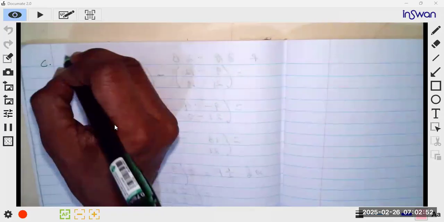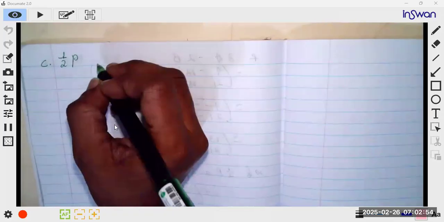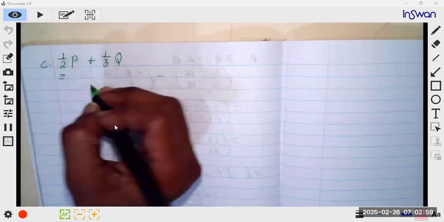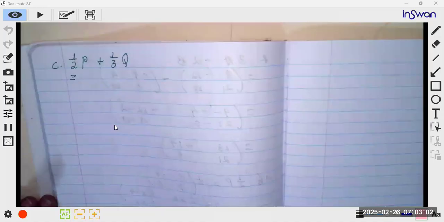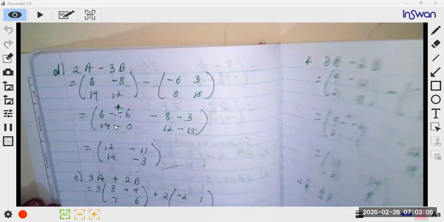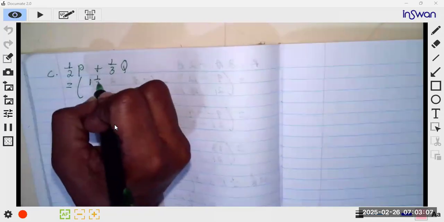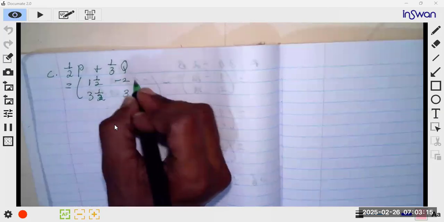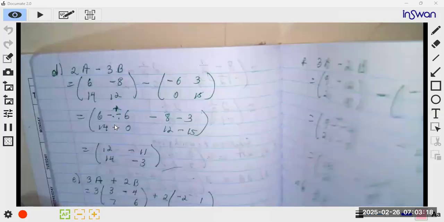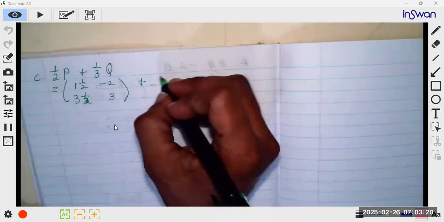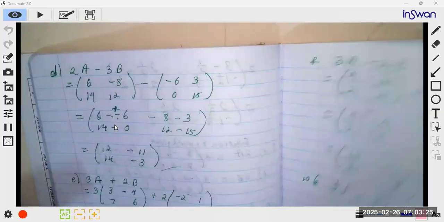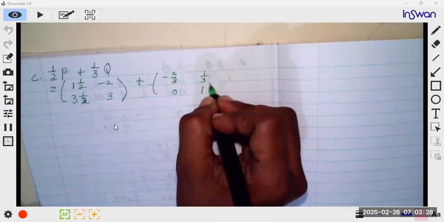Let's see, this is a half p plus 1/3 q. So we know what a half p already is. A half p is 1.5, 1.5, minus 2, 3.5, 3, plus 1/3 q, which is minus 2/3, 1/3, 0, and 1 2/3.